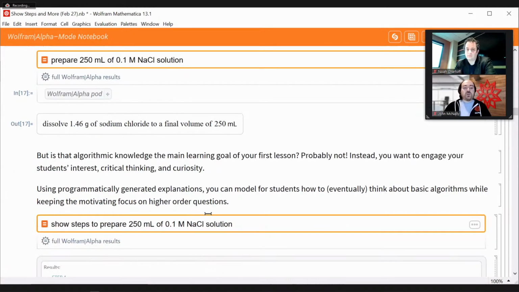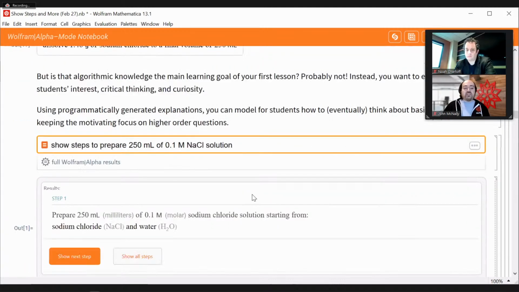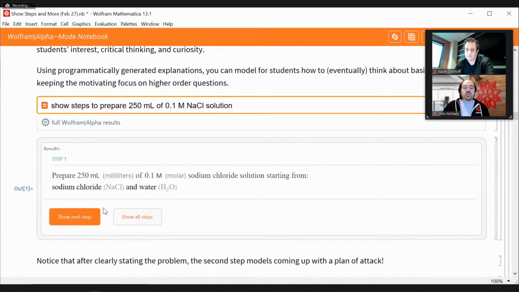And so what you can do is use these programmatically generated explanations to show, yes, okay, this is an algorithmic thing. You can even take a look at how I do this, and I can model how I'm going to eventually think about this algorithmically. Well, at first, just saying, all right, I want to make the solution so that I can go do the rest of my laboratory. And then we can return to these sorts of things.